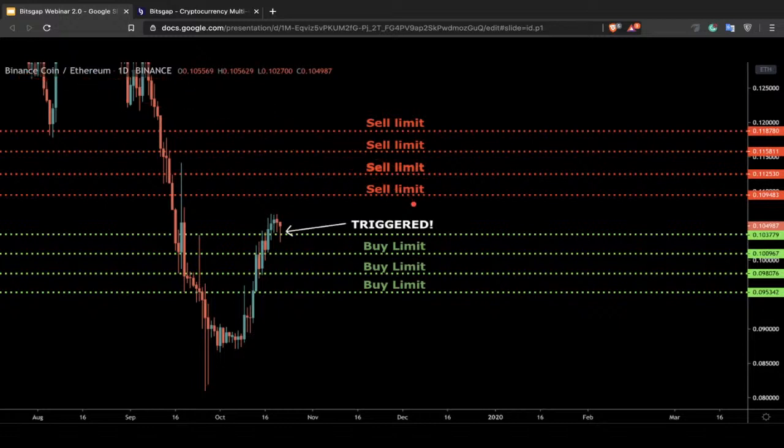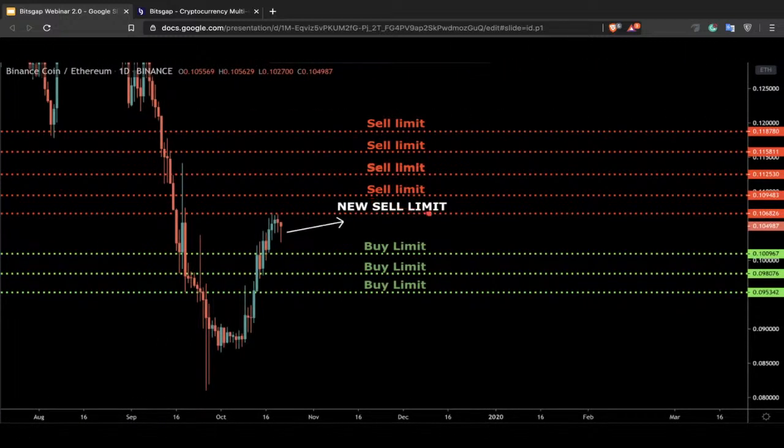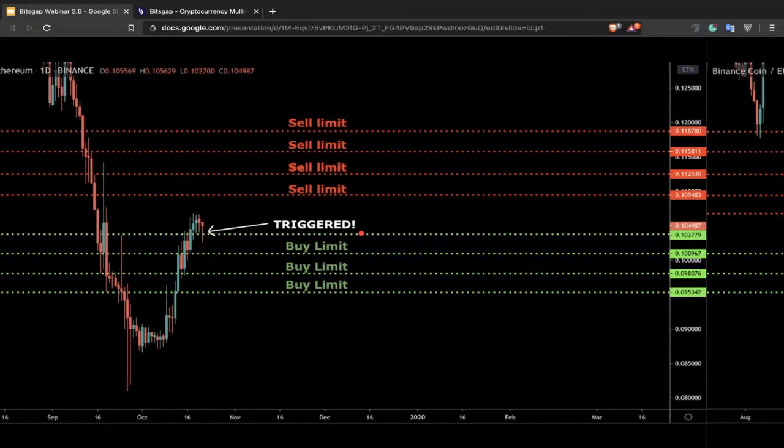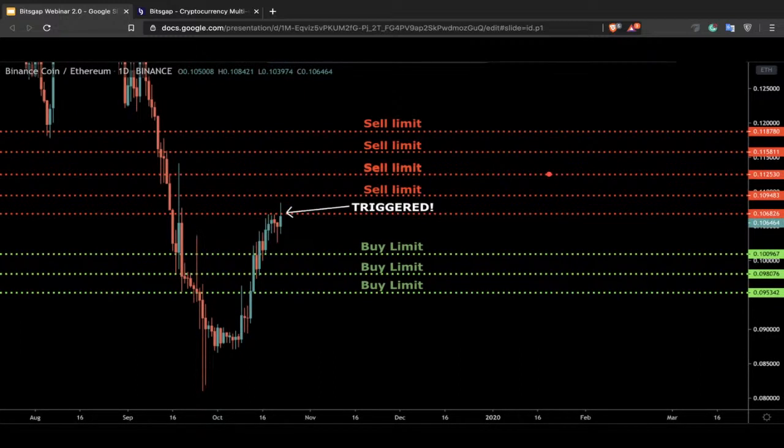And then automatically the bot will place a new sell limit order right above this buy limit that was just triggered, maintaining this grid spacing. So the grid spacing is another term for you to understand. It's the space between your orders. And the system respects this grid spacing and allocates new sell or buy limit orders, maintaining this grid spacing.